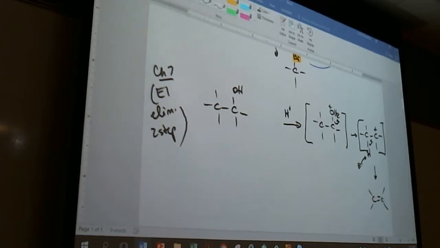But we need a good leaving group. We're going to form a carbocation, right? You're looking at this, we form the carbocation, and then your product, right?